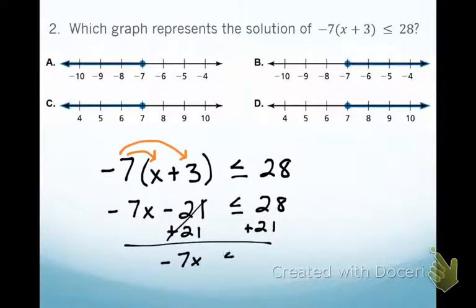Negative 7x is less than or equal to what number? 49. Now I have to do what? Am I finished? Why do I switch the sign? The last thing that we did was divide by a negative number on both sides, which means, what's the correct answer?